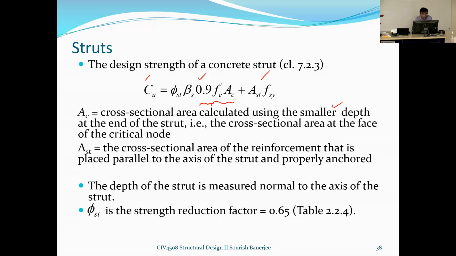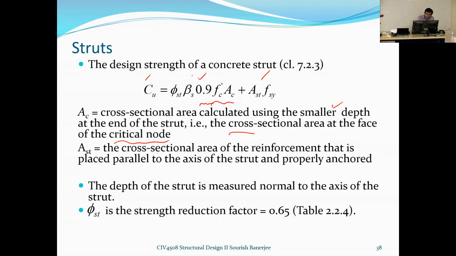The smaller depth at the end of the strut is the cross-sectional area of the face at the critical node. Because if you have different cross-sectional areas at different nodes, then obviously we need to go for the smallest area. So design the strut based on the smallest cross-sectional area at the face of the critical node. That's your 0.9 times f'c times Ac.